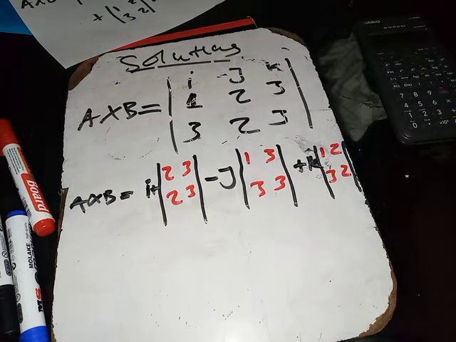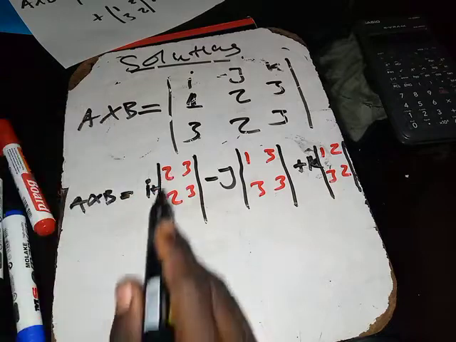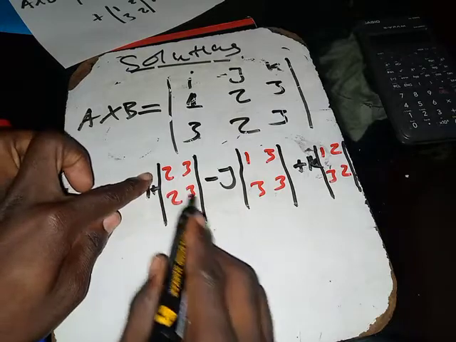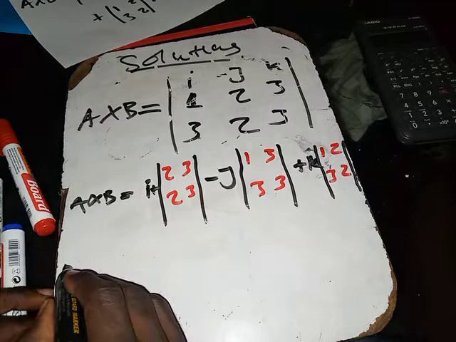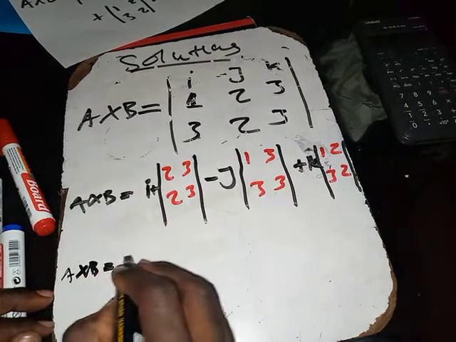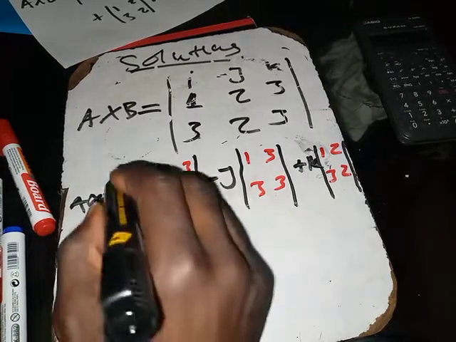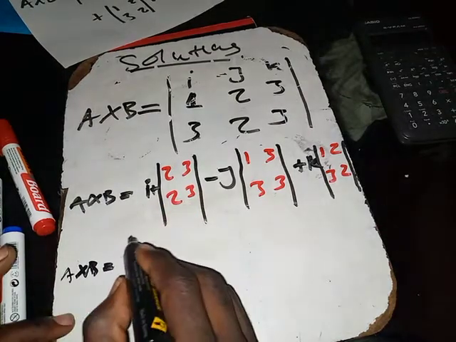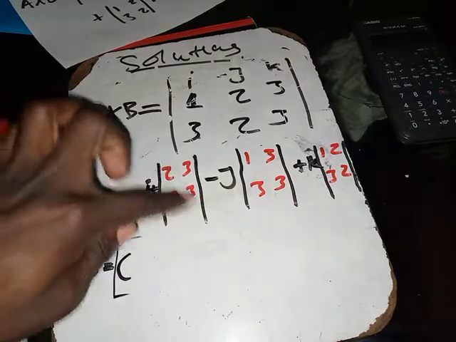Okay, so we proceed. From there, we've learned in mathematics how to find the determinant of a 2 by 2 matrix, because this is 2 by 2, 1 2 1 2. How do we find it? It's by multiplying the major diagonal, subtracted by the minor diagonal. So I'm going to proceed like A times B is equal to, and we are now finding the determinant.